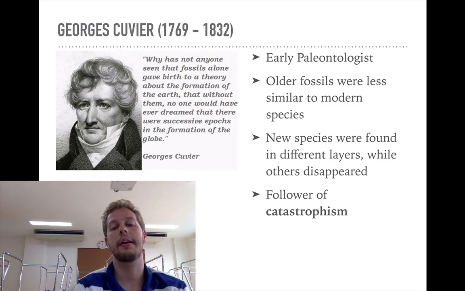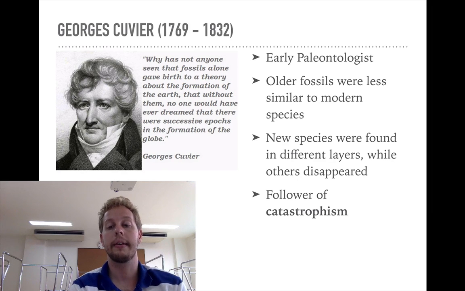His second conclusion was that he noticed that some species disappear after a while and new ones appear in the different strata. And his conclusion based on this, as a follower of a theory called catastrophism, was that the reason why some of these fossils disappeared in different strata was because a catastrophe had taken place.